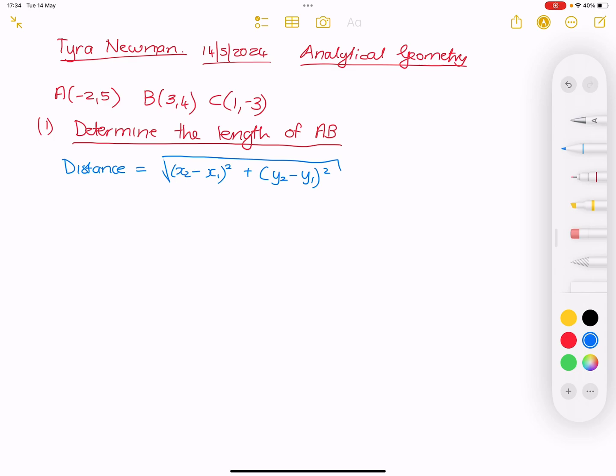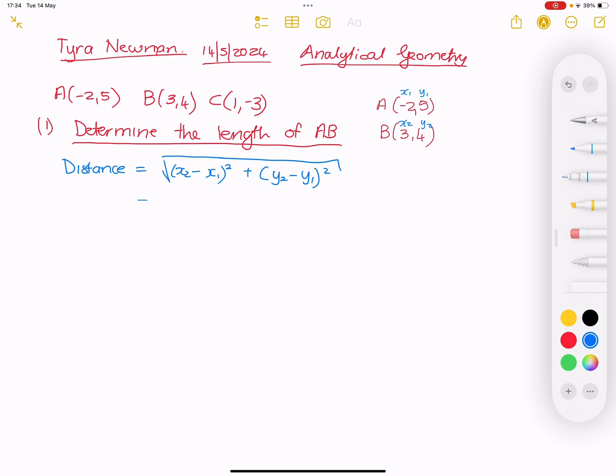So what I'm going to do is write down A, which is (-2, 5), and B, which is (3, 4). Then I'm going to call A x1 and y1, and B x2 and y2. So now x2 is 3, x1 is negative 2, y2 is 4, and y1 is 5. So I substitute it.